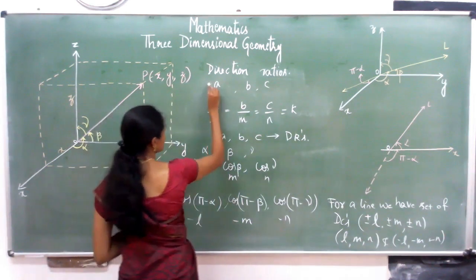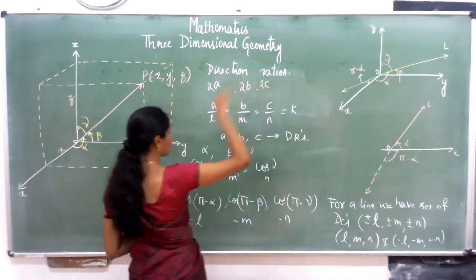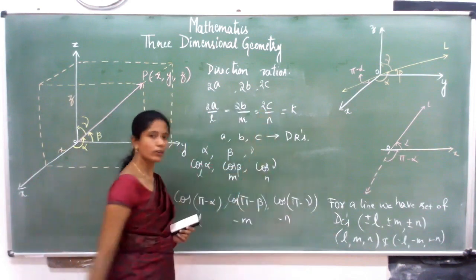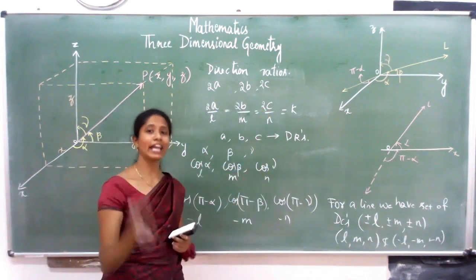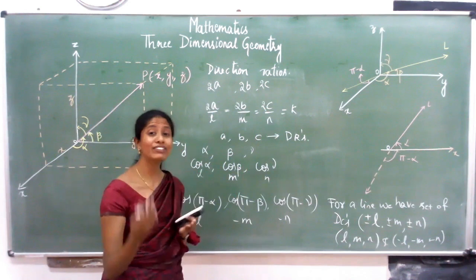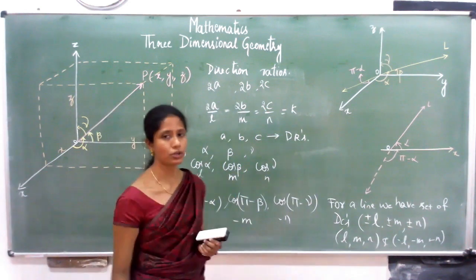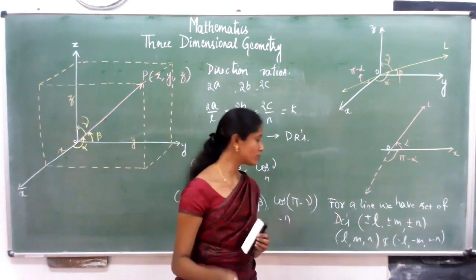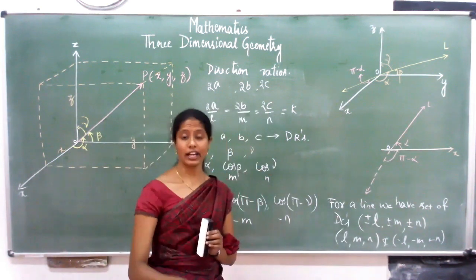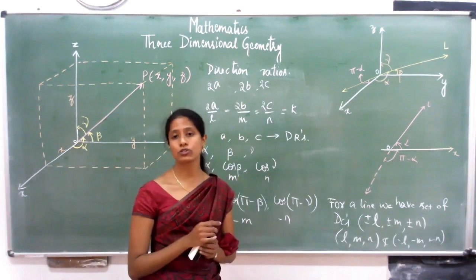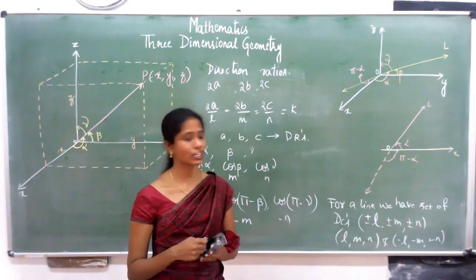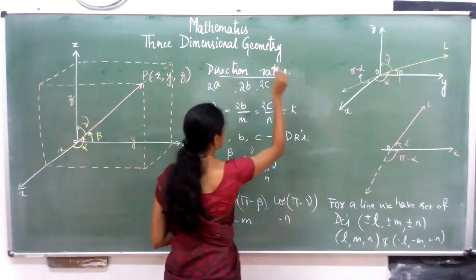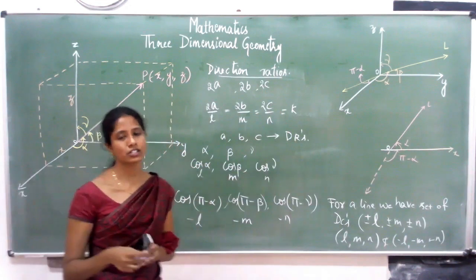If I consider these three numbers as 2a, 2b, 2c, again they will be proportional. In the same way, if you multiply by any number, you will have infinite direction ratios, but you have only plus or minus l, plus or minus m and plus or minus n for the direction cosines, while the direction ratios will be an infinite number.